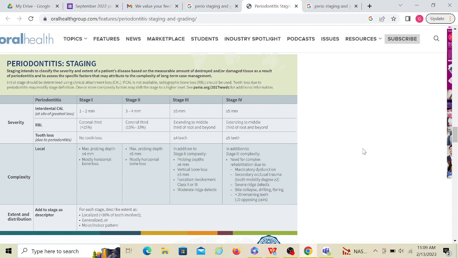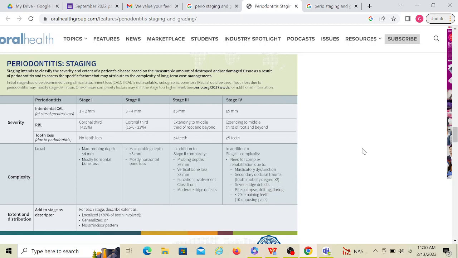Staging is basically based on the measurable amount of destroyed or damaged tissue as a result of periodontitis. And we have to assess some specific factors that would add on to the complexity of it.